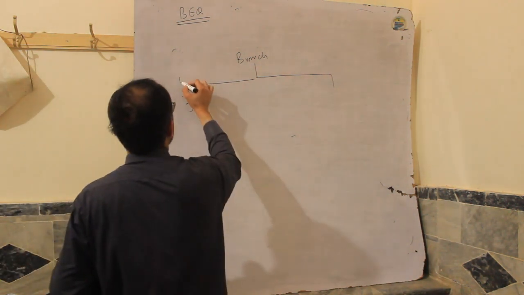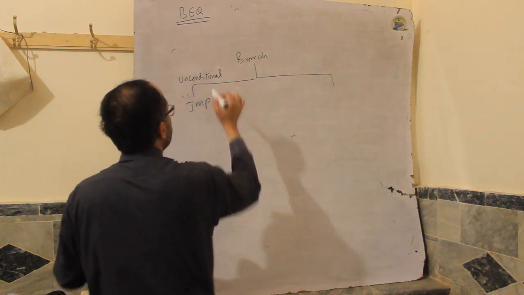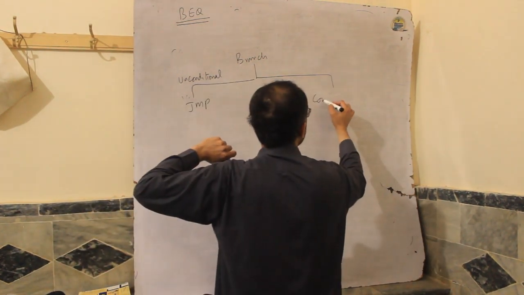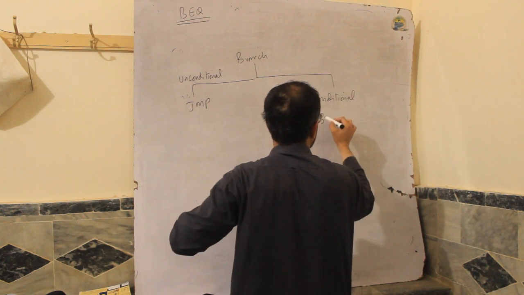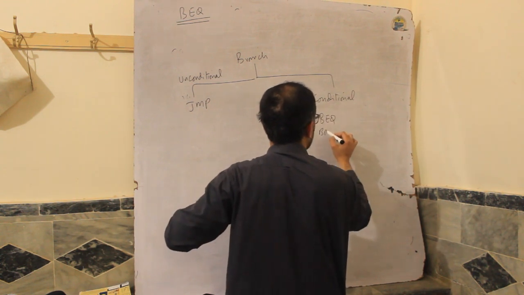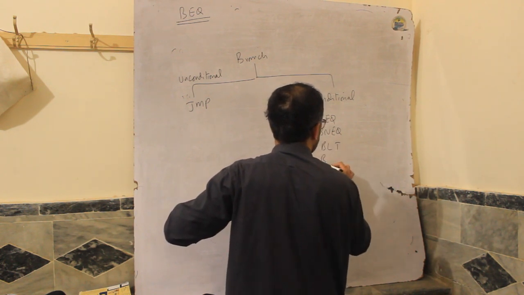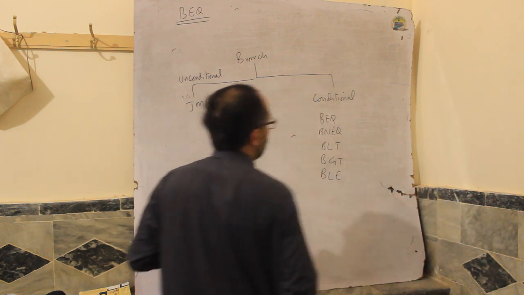The examples of conditional branch instructions are branch equal, branch not equal, branch less than, branch greater than, branch less than or equal to.